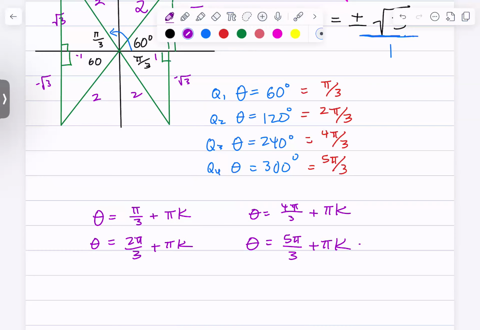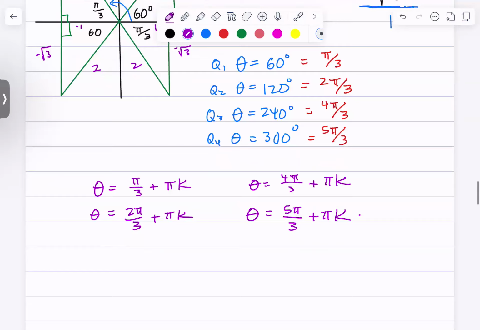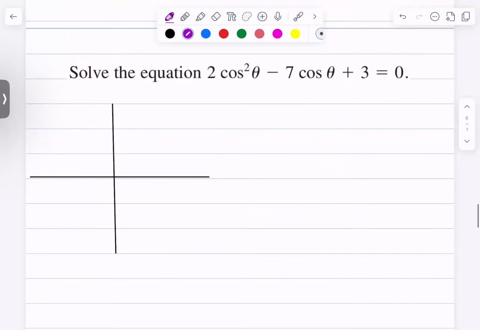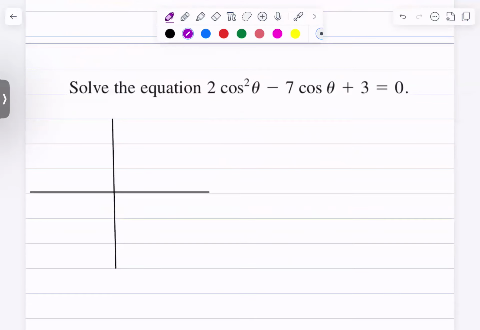Okay, cool. All right. Now you might be asking yourself, what is this? And it might be confusing, but it's not. Now we need our intermediate algebra skills.